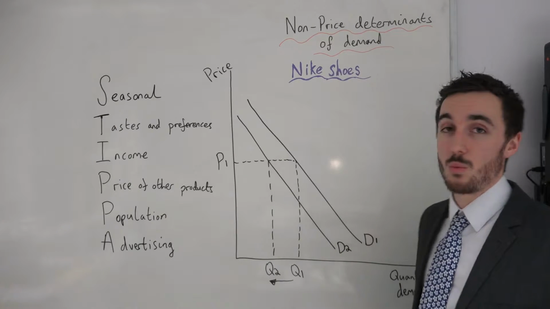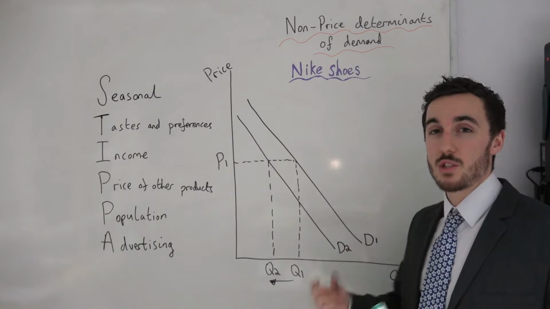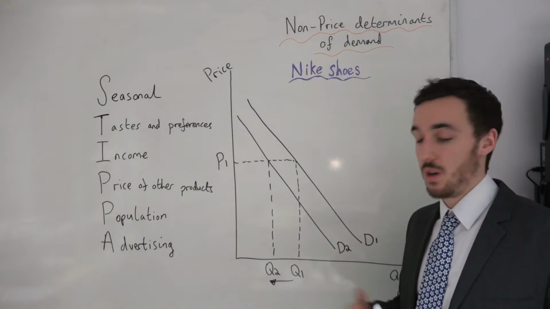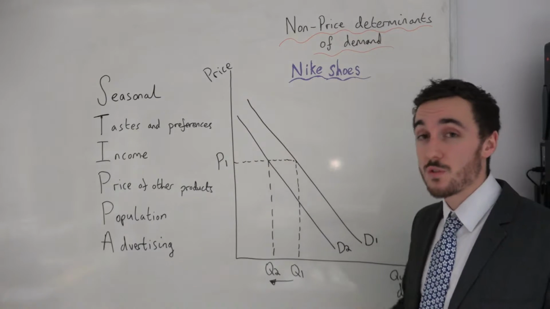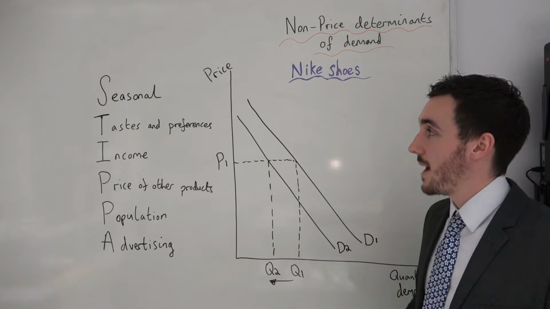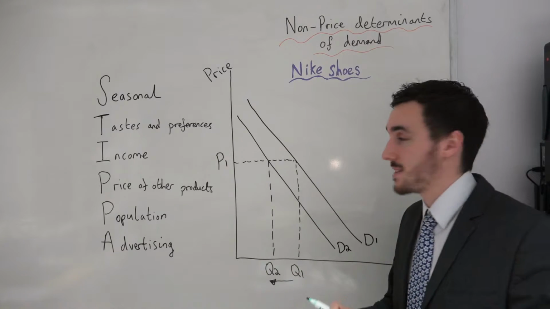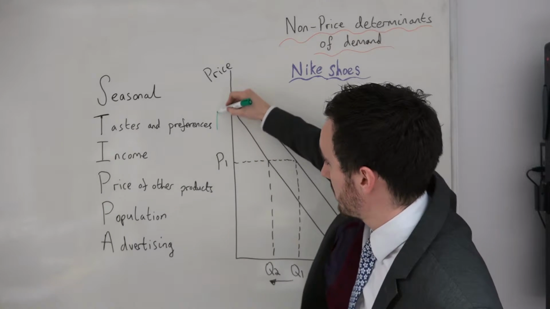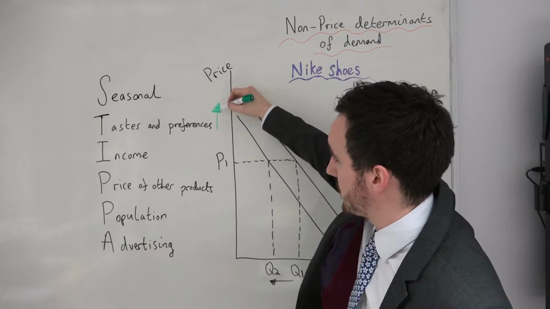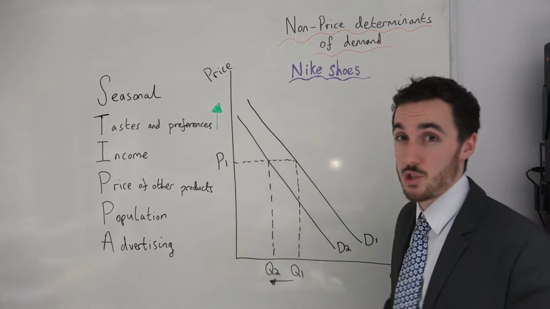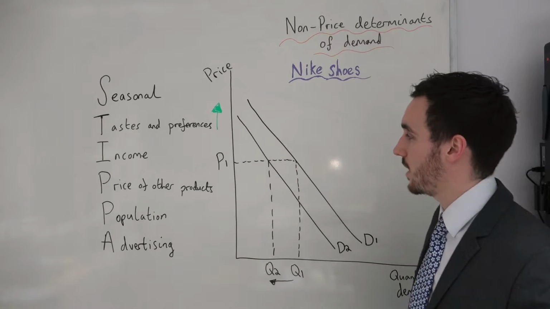Okay, so now let's look at tastes and preferences. Let's imagine with Nike shoes, suddenly everyone starts to love wearing Nike shoes for whatever reason, and the tastes and preferences for Nike shoes have risen.